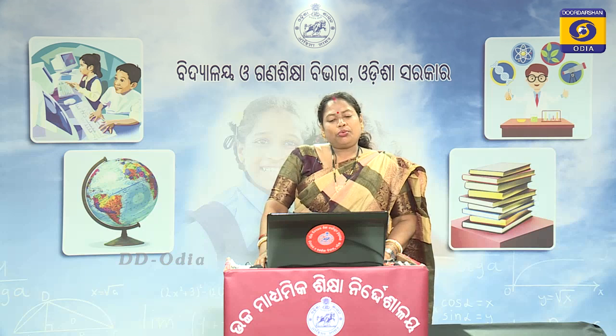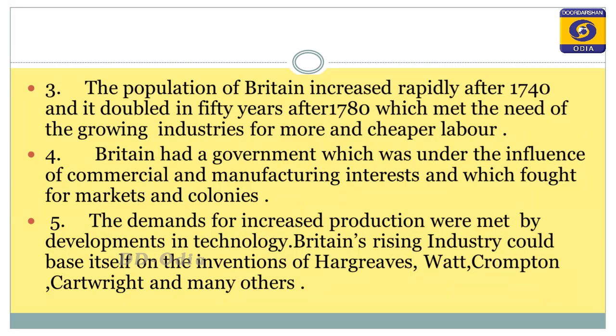Then the population of Britain increased rapidly after 1740 and it doubled in 50 years after 1780, which met the need of the growing industries for more and cheaper labor. As there was the Industrial Revolution in England, it was necessary to have more laborers engaged in different industries.